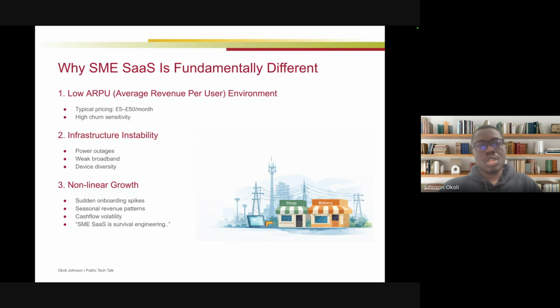and dynamics. So looking at this vital point when we talk about SMEs, that's the low average revenue per user. Typically SMEs are usually based on subscription, so it's usually between £5 to £10. So what that means is you have a low average revenue per user, and it has high churn sensitivity.